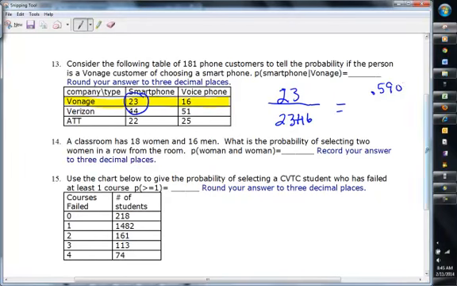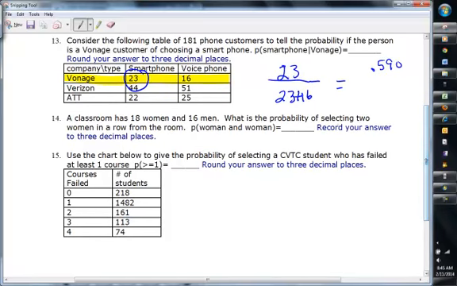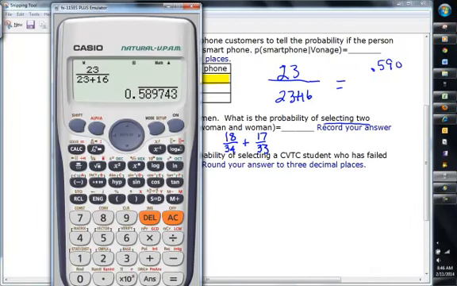Next one. A classroom has 18 women and 16 men. What is the probability of selecting 2 women in a row? So it's 18 out of 34 plus 17 out of 33. The fraction 18 out of 34 plus 17 out of 33 is, oh, we made a mistake.